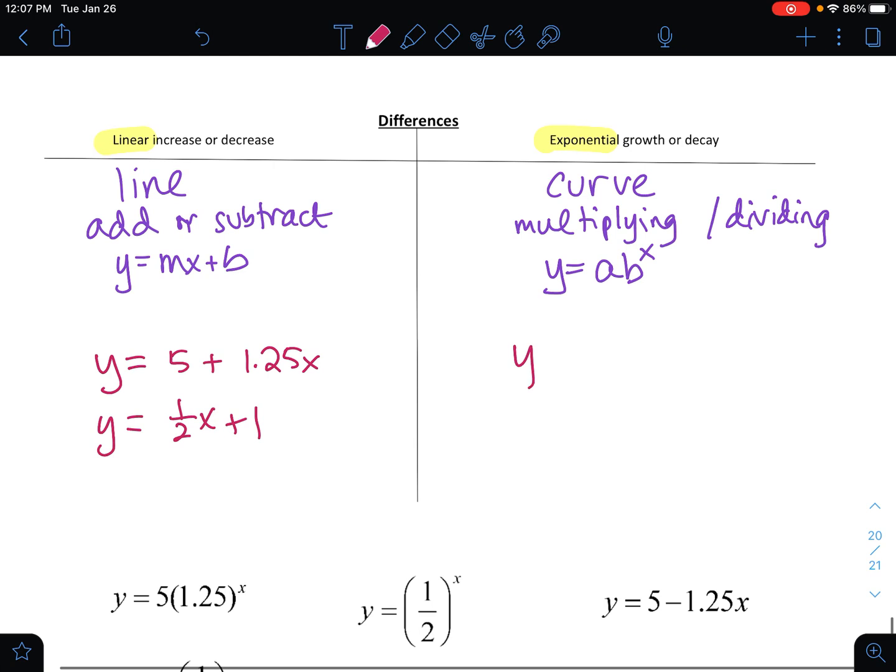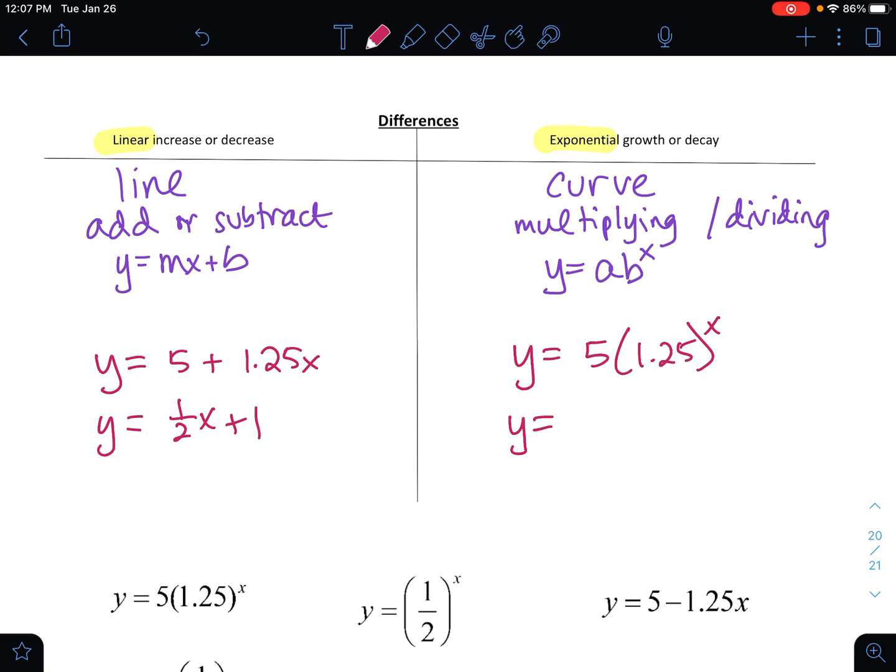Exponential. So let's take our linear equation. The starting point is 5, so it would start with 5. And then maybe it's multiplying by 1.25 every time, okay? The second one, if I were to convert it to exponential, the starting point is 1, so I don't have to write 1, but I could. But it's a 1/2 to the x power, okay?